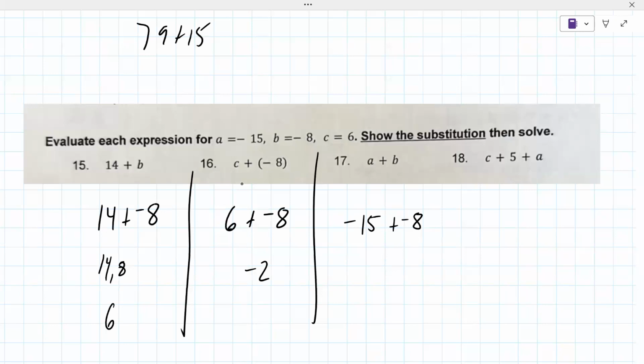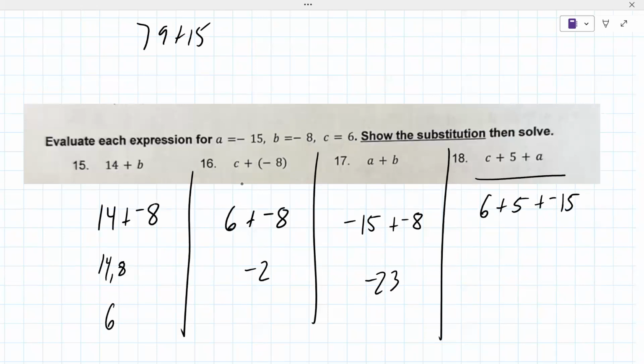Let's try the next one: negative 9 plus 8. Then negative 23. Okay, good.